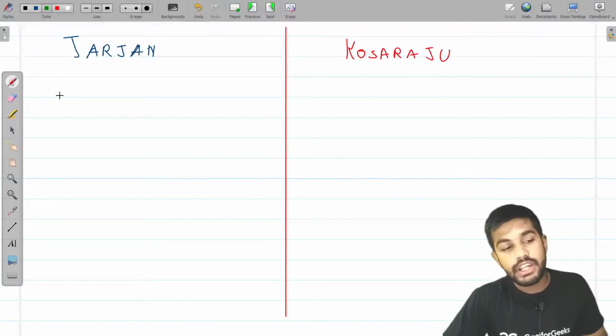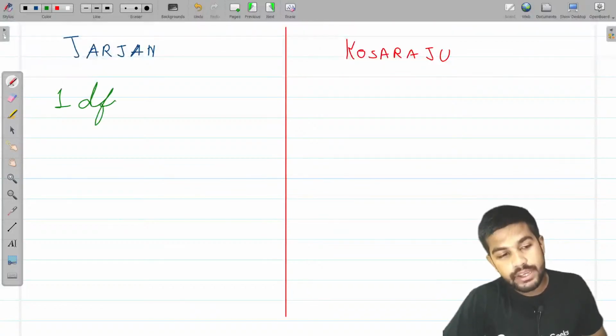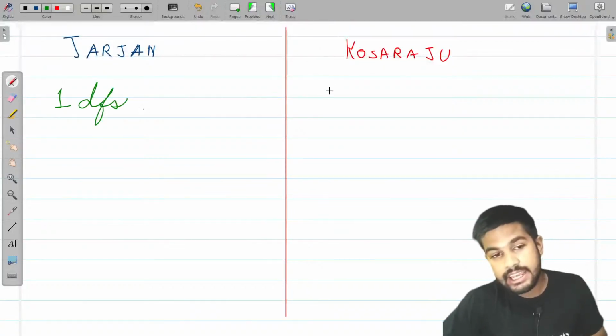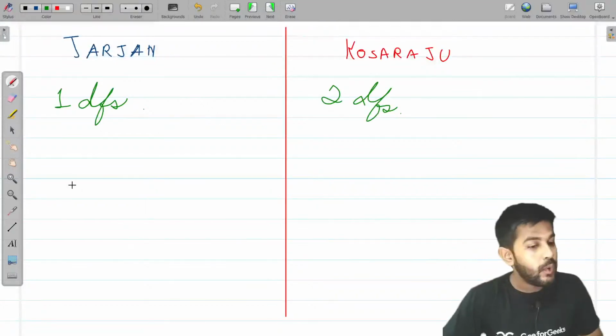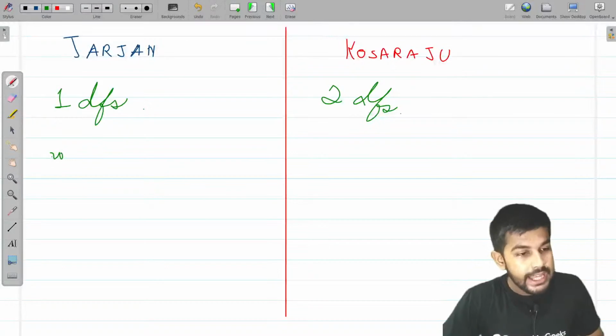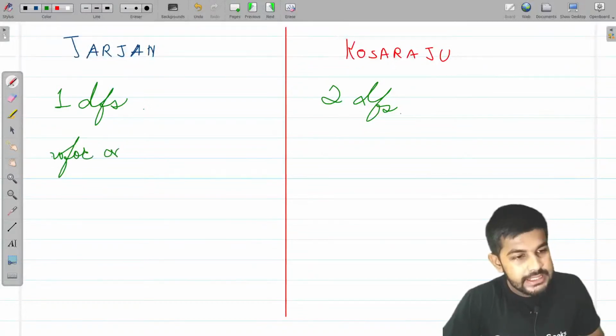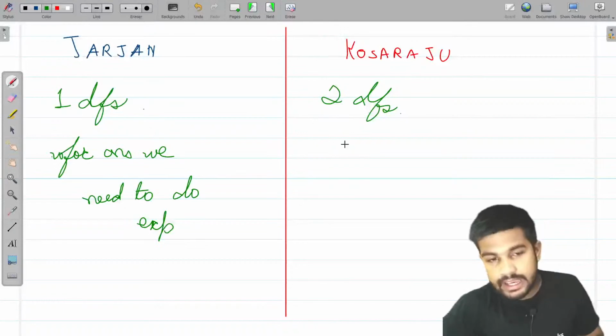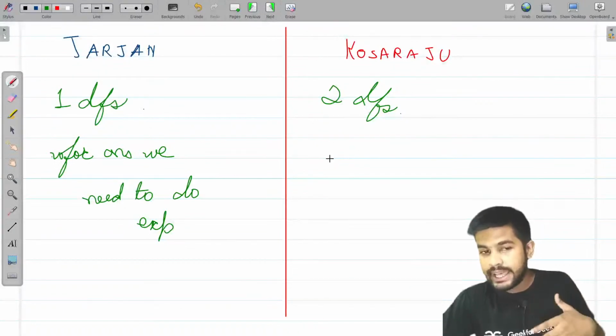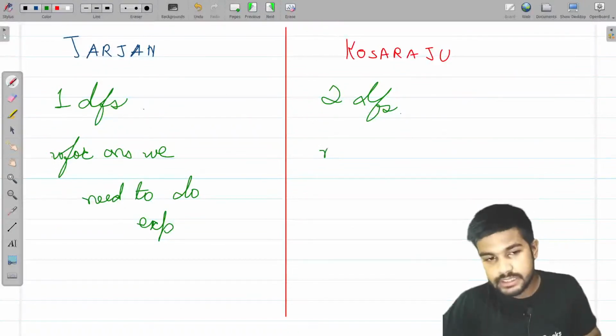Now here we need only one DFS, and in Kosaraju's we need two DFS. For the answer we need to do that explicitly, and here we can directly print the answer in the second DFS.